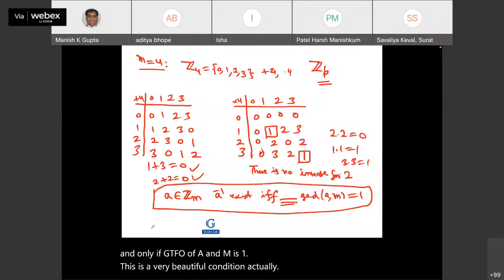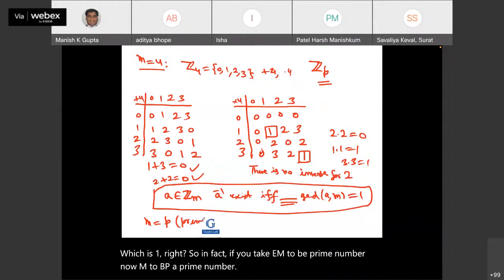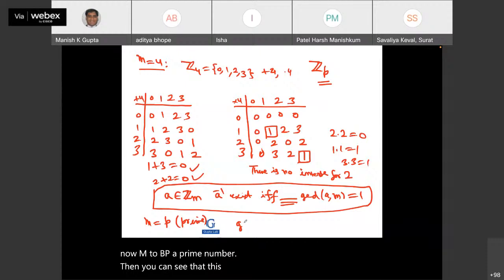If you take M equal to 2, you see that there is only one solution, which is 1. So if you take M to be a prime number P, then you can see that this condition, GCD of A comma P is 1, holds for every A not equal to 0 in integer modulo P.